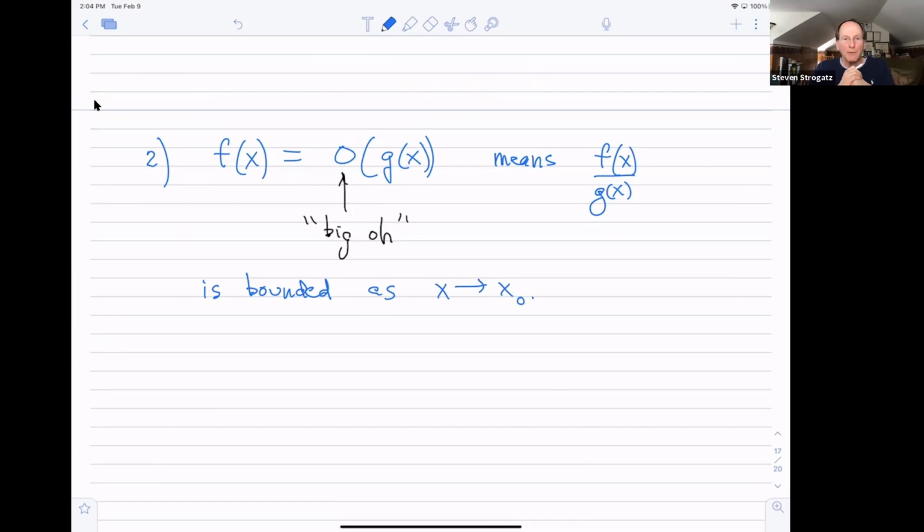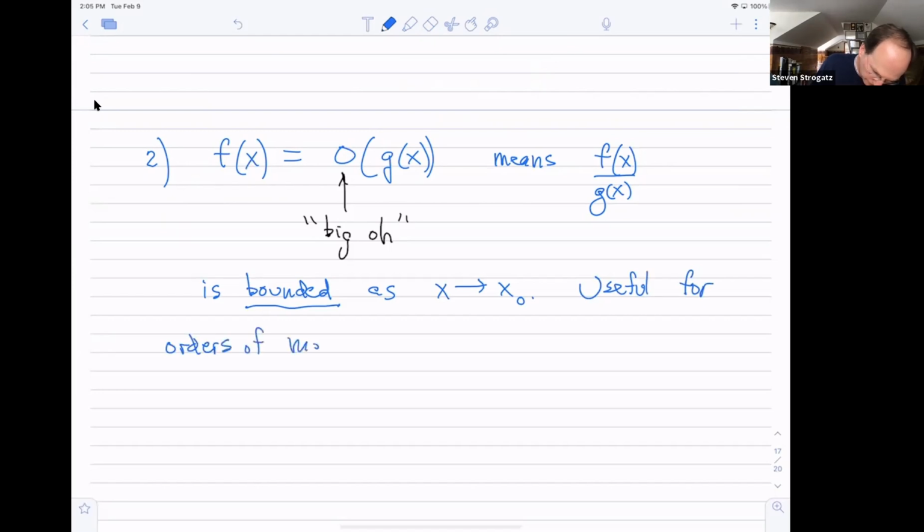If this ratio stays bounded as x approaches x0, meaning it doesn't blow up, it doesn't become infinitely large, then we say it's big O. And where that is useful is if you're not interested in prefactors, if you're just interested in orders of magnitude, then big O is helpful. So if we don't care about getting the prefactor right.